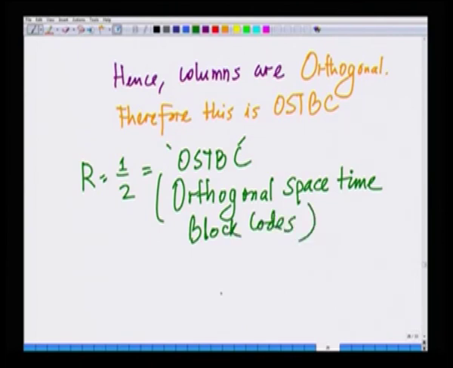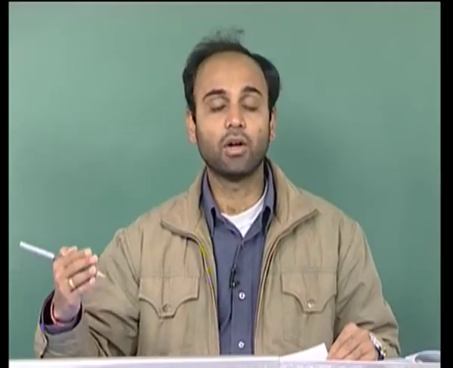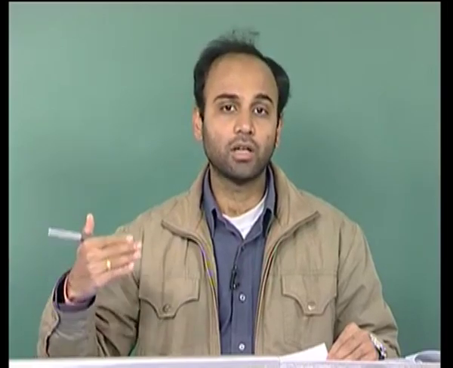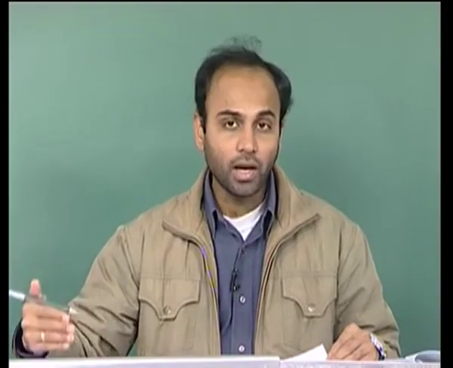And this of course can be employed to achieve third order diversity corresponding to h1, h2, h3. Remember there are only 3 coefficients. This can successfully be employed to achieve third order diversity at the receiver, and the main advantage is you can achieve third order diversity without knowledge of the channel coefficients at the transmitter.